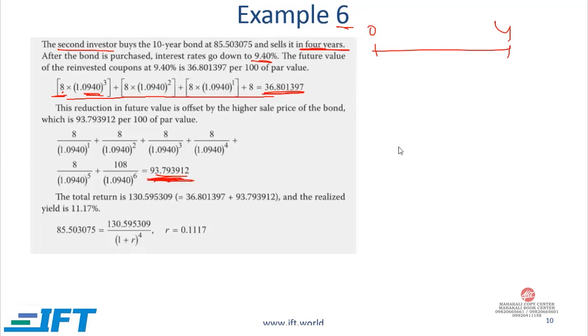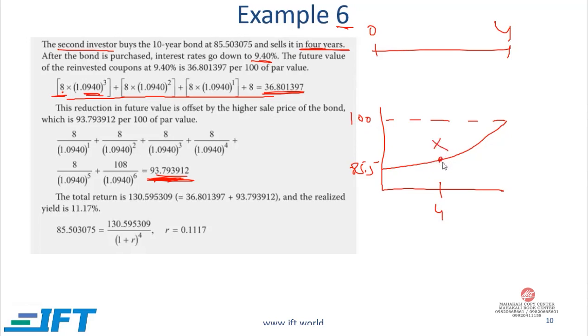And here the investor will be selling at a gain. Remember, if we look at the constant yield trajectory, which is going from 85.5 to 100, at the end of 4 years, the amount at which the investor sells this bond is higher than this number on the constant yield trajectory. That is because interest rates have come down.